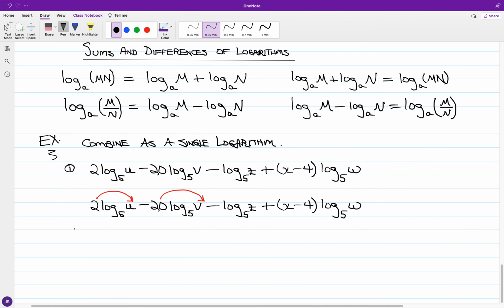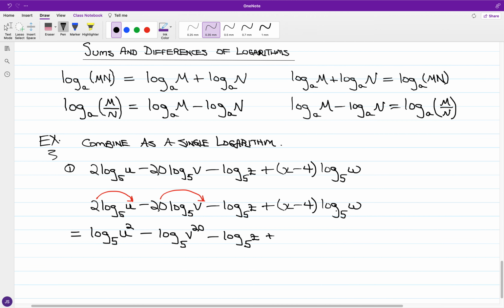So in the rewrite, we have the base 5 logarithm of u to the second minus the base 5 logarithm of v to the 20th. And then we have minus the base 5 logarithm of z, and then plus the base 5 logarithm.